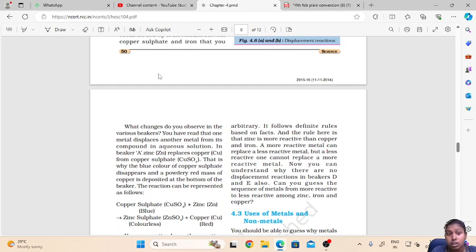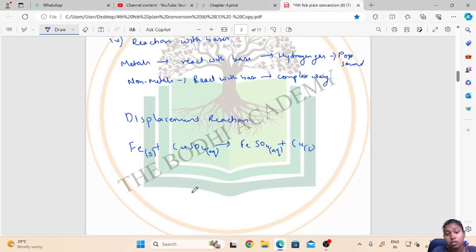A displacement reaction only occurs with metals, where more reactive metals replace the less reactive ones. But less reactive ones cannot replace the more reactive ones.